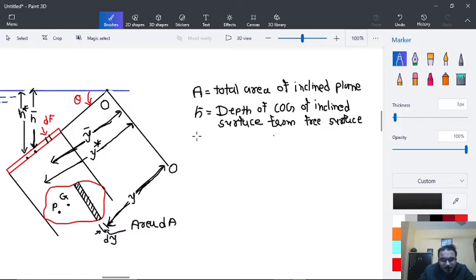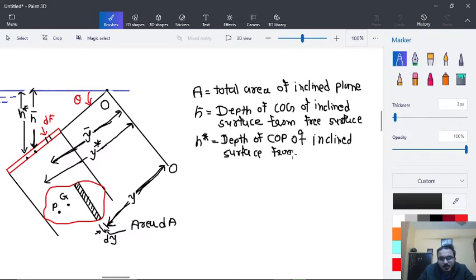Then we will have H star, that is equal to depth of COP, that is center of pressure of inclined surface from free surface.